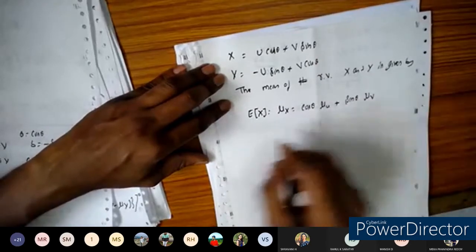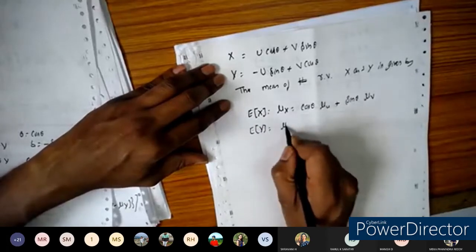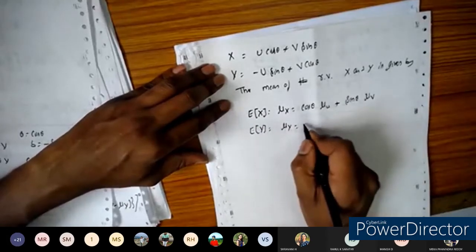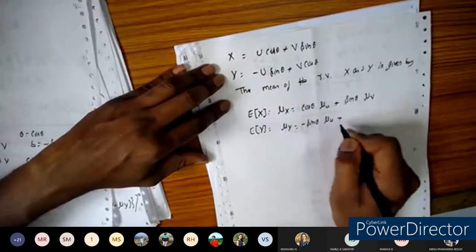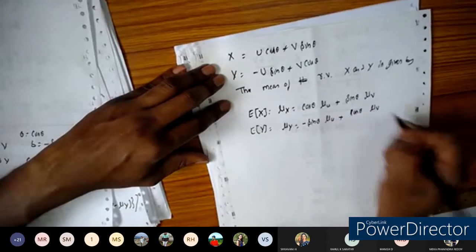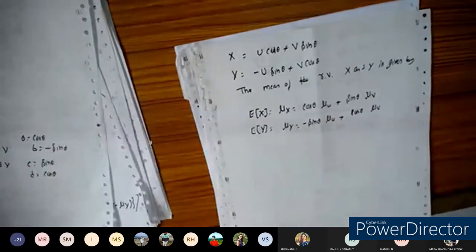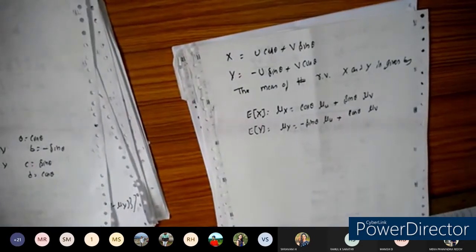And similarly, the expectation of y will become nu y, which is equal to minus sin theta into nu u plus cos theta into nu v. So done, right?